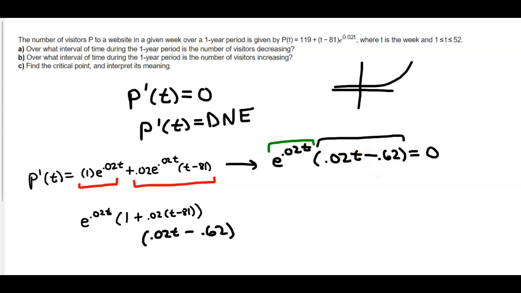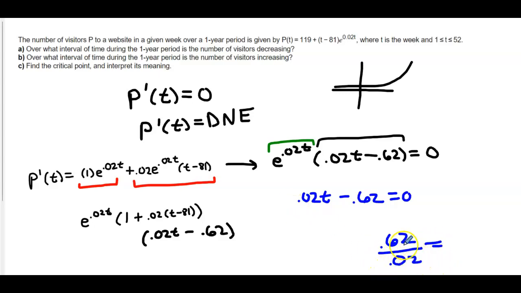And if you set that second factor to 0, you would add 0.62 to the other side, and then you would divide. Here, I'll set it up actually. We're setting this to 0. We'll add the 0.62 to the other side and then divide by that coefficient 0.02.